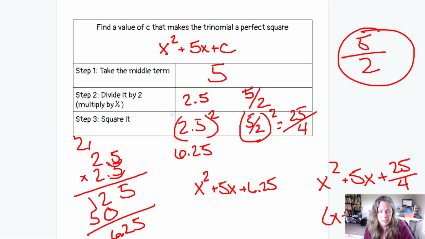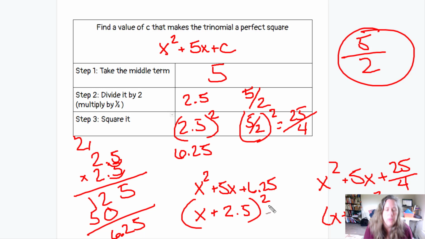And the square root of 25/4 is a lot easier to do than the square root of 6.25. Even though we know right now that it's 2.5, the 25/4 is just a lot easier to take the square root of.